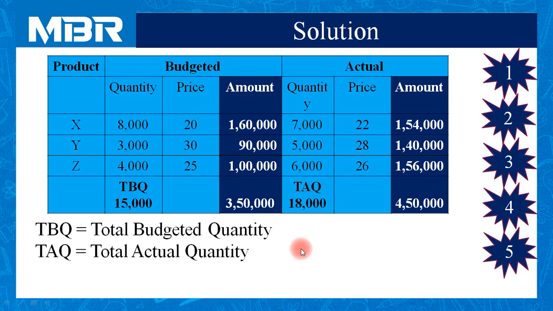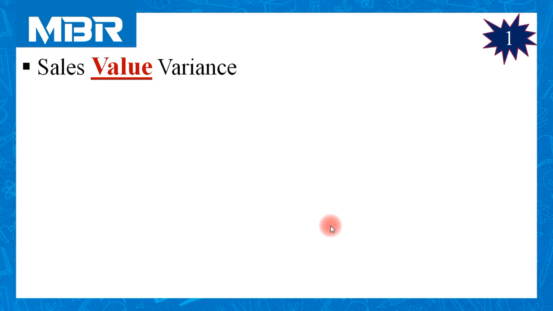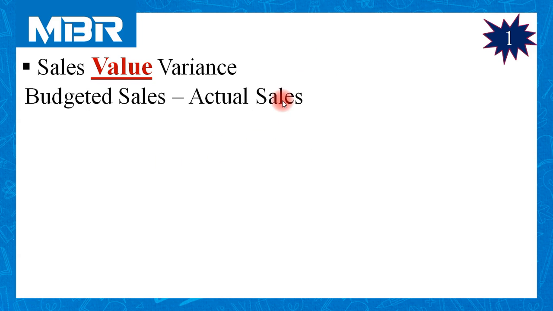So, with the help of these details, let us start the solution of the problem and calculate all 5 variances one by one. First and foremost variance in case of sales is sales value variance. Formula: budgeted sales minus actual sales.